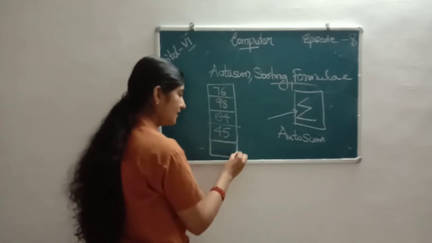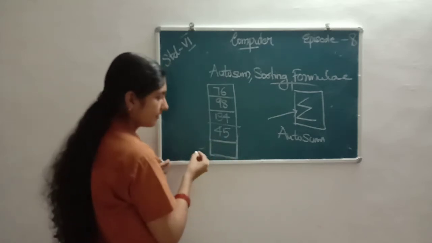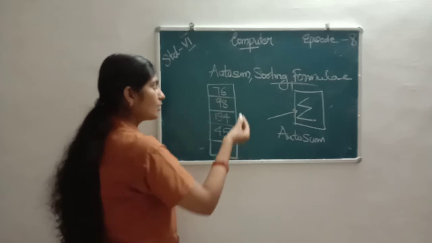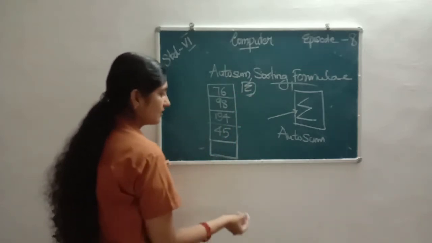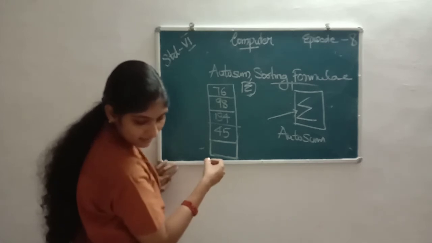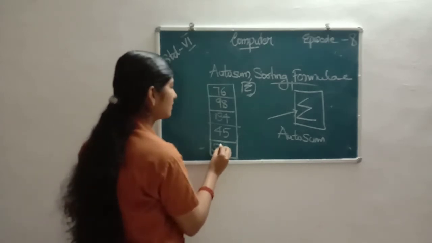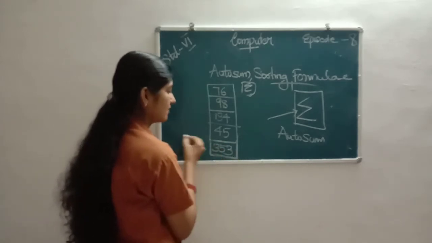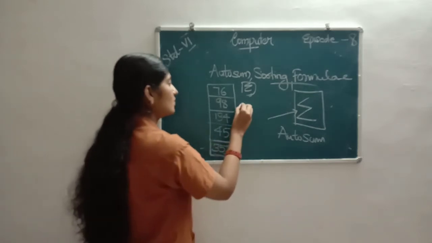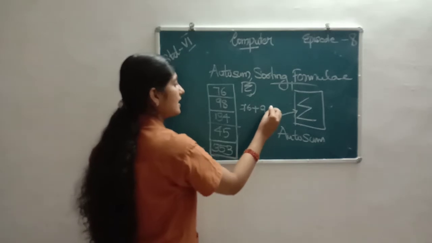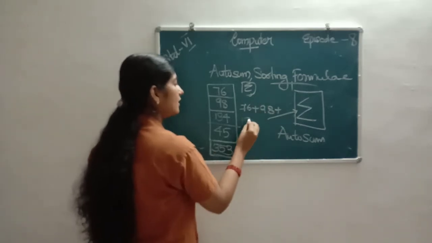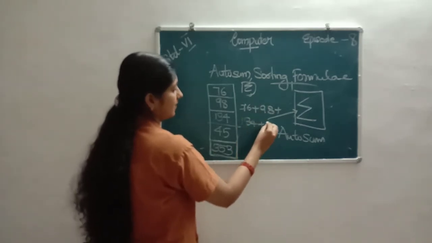So this is the active cell. Then go to auto sum and click on it. So the final result, 353, will be displayed in this active cell. That means it will calculate 76 plus 98 plus 134 plus 45.